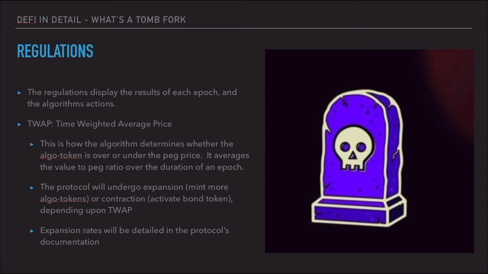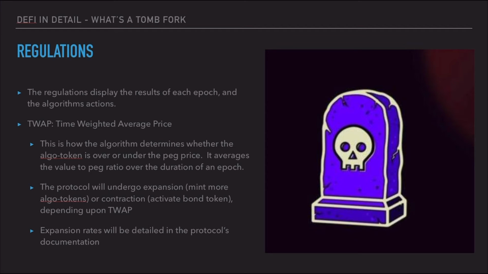It's not a spot price that it is looking at, but rather an average over the duration of the epoch. So it's looking at the price averaged over that period of time, and that is how it's coming up with the time-weighted average price. And that is what matters when it comes to whether an epoch is in expansion or contraction.